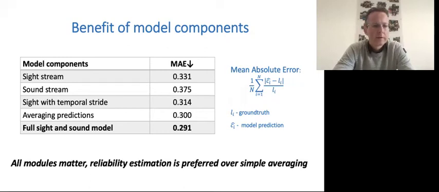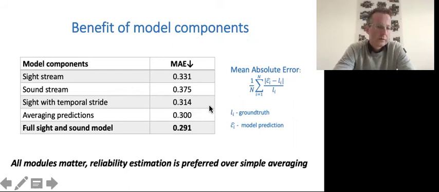For the sight and the sound stream, we see that the sound by itself is worse than sight. If we add sight with a temporal stride, which is also using the audio features, the mean average error gets reduced a little bit more.